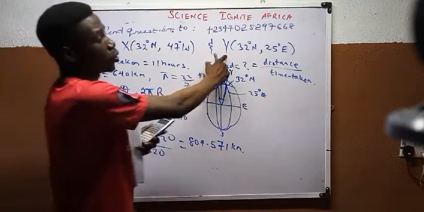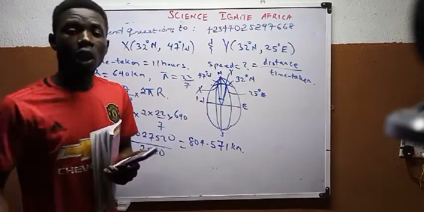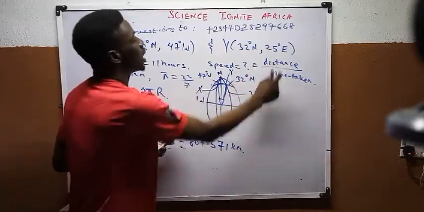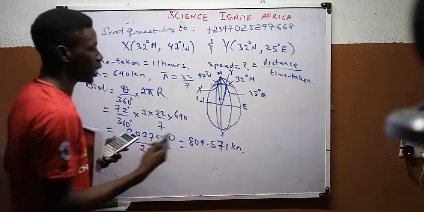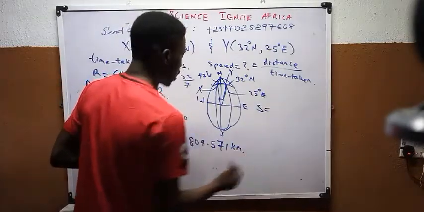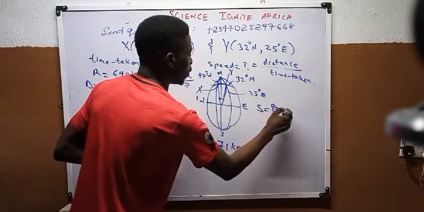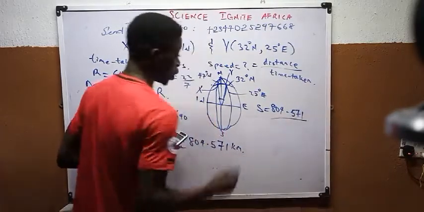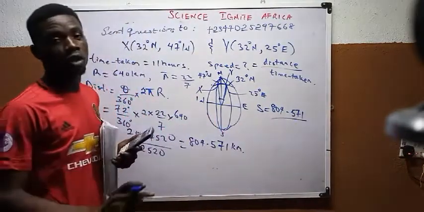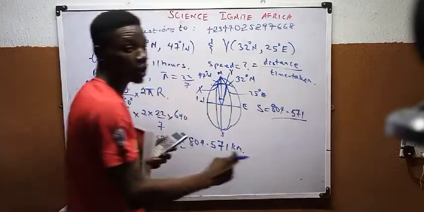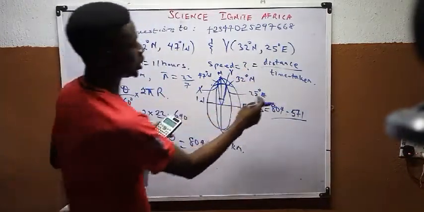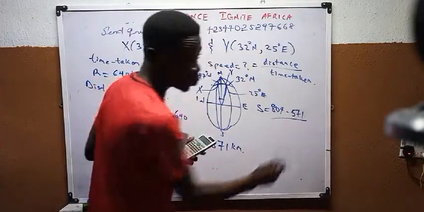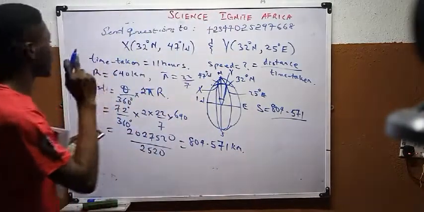So after finding the distance covered, don't forget what we have to look for exactly is the speed. And we said that what? Speed equals distance over time. So all we have to do here is speed will now be equal to 804.571. You don't say 'five seven one' when you're calling numbers after the decimal point. It's not 571, it's five, seven, one. So 804.571 over what's the time given?